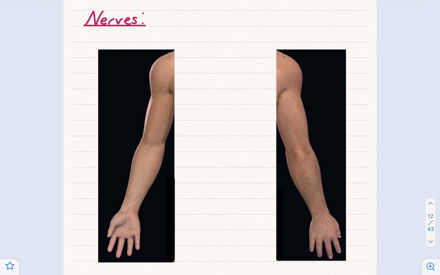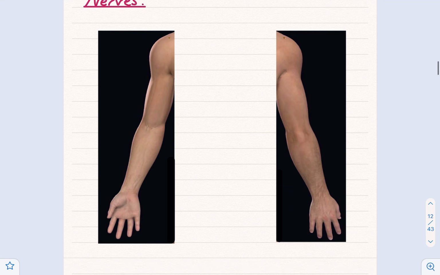Okay. So, next one is just a little brief overview of what happens with each of these nerves. So, this part of the arm is basically supplied by, these are all generic rules now.